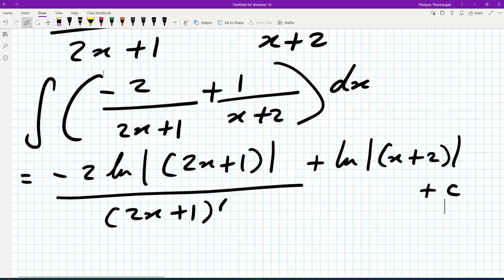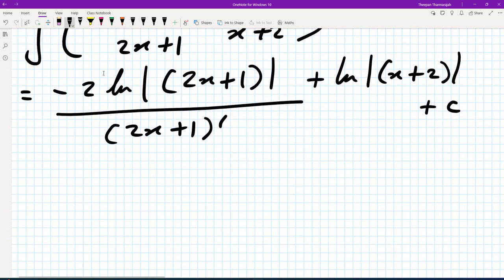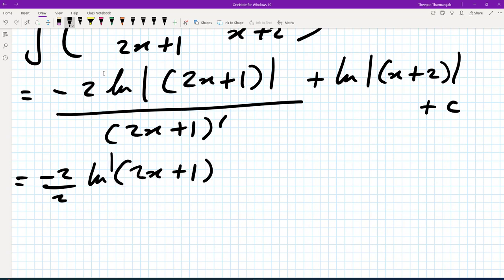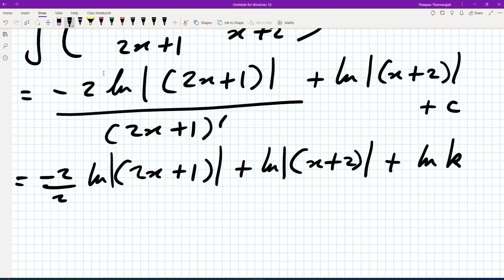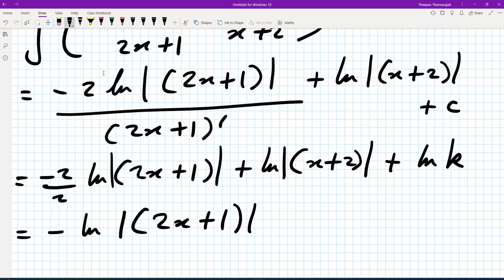Then here this is going to give me minus 2 over 2 ln mod 2x plus 1 plus ln mod x plus 2, and we're going to change c to ln k. So that gives me minus ln mod 2x plus 1 plus ln mod x plus 2 plus ln k.